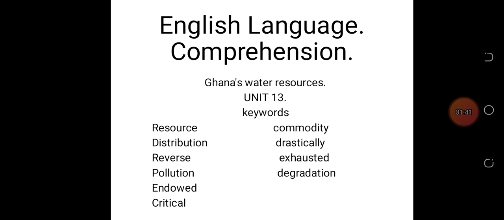So the first one we have is resource. Distribution. Reverse. Pollution. Endowed.